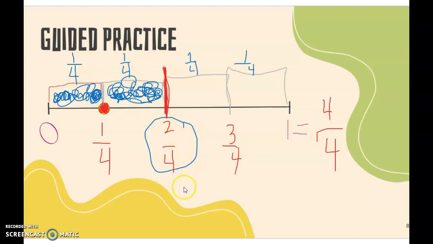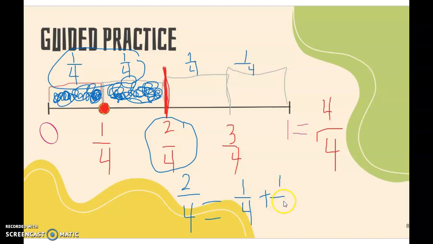And again, you should be able to see by now that if we were to break apart 2/4, 2/4 will equal these two unit fractions that you see right here, 1/4 plus 1/4. So I just want you to not get confused when you are labeling your number lines and you see the fractional parts for each one.